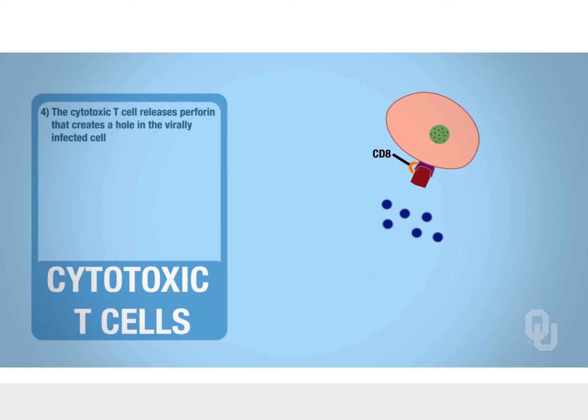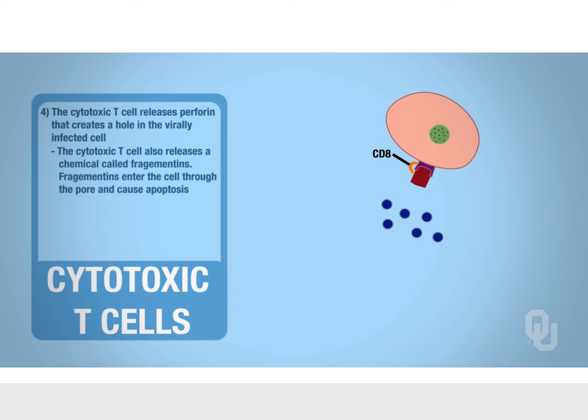Now, just to ensure that this cell is killed, something else happens. The cytotoxic T cell not only releases perforins, it also releases a chemical called fragmentins. This is a chemical that enters the cell via the pore that was created by the perforins. What the fragmentins do when they get into this cell is that they induce apoptosis, programmed cell death.